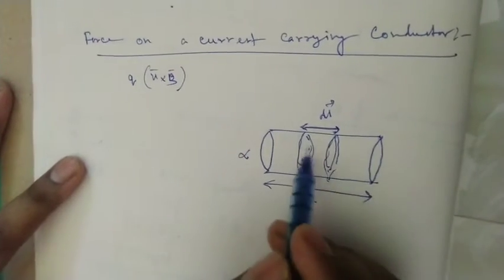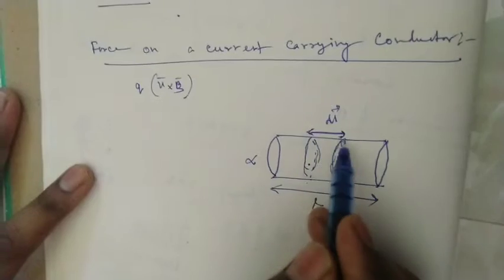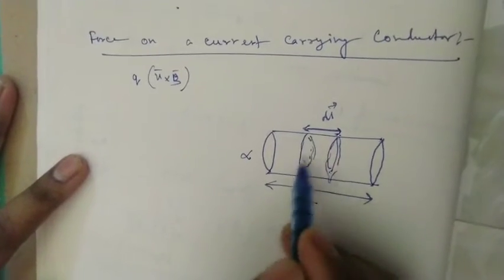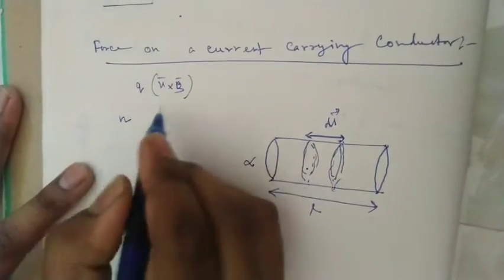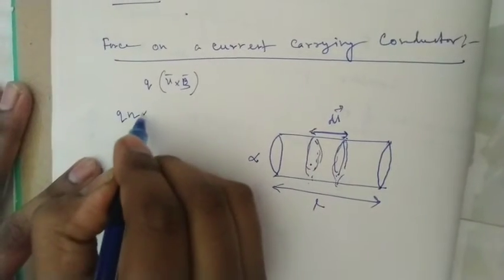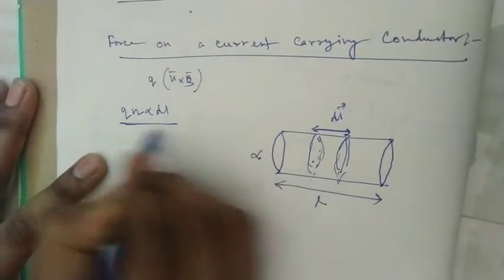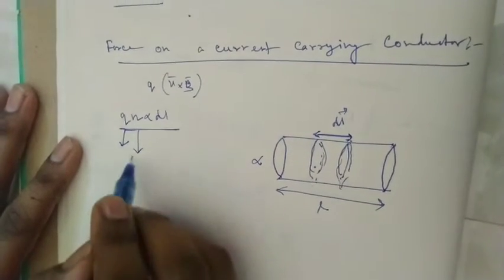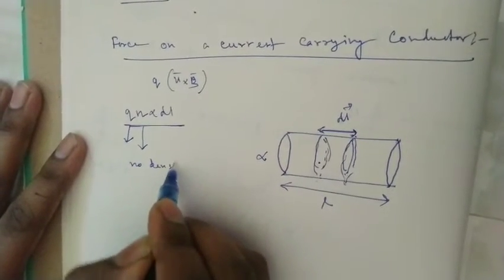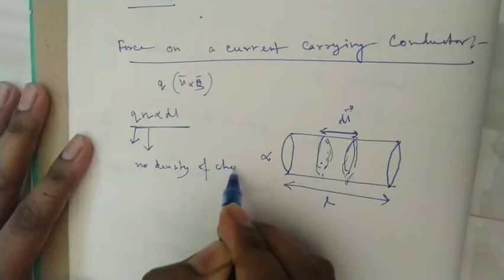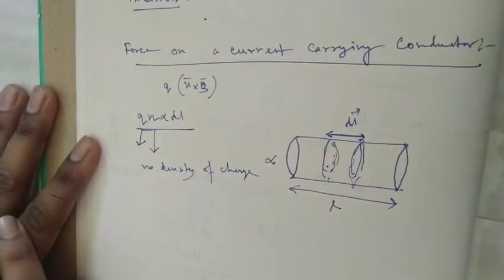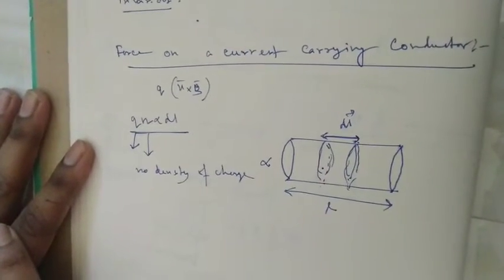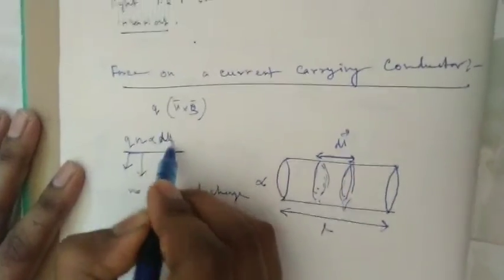For the small element of length dl, the number of charge carriers within this element is n alpha dl. Here q is the charge of each charge carrier, n is the number density of charge carriers, alpha is the cross sectional area, and dl is the length element.